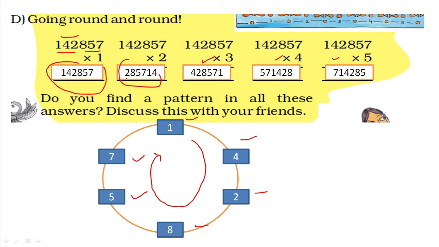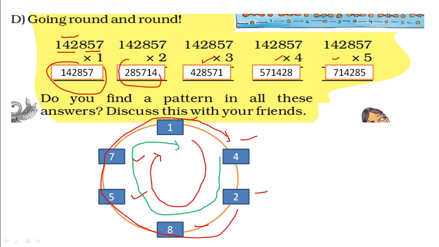Second answer is starting from 2, from here 2 8 5 7 1 4, again moving clockwise. In this answer is starting from 4, so 4 2 8 5 7 1, this is answer. In this case answer is starting from 5, 5 7 1 4 2 8, moving clockwise.